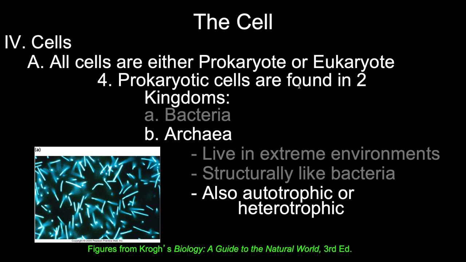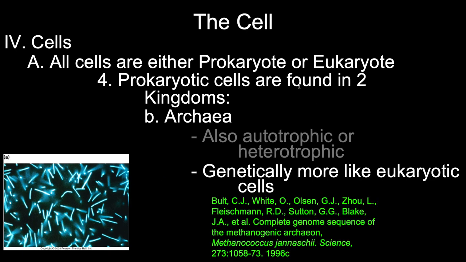They can use other resources in the environment to make their own food. And then some individuals are heterotrophic, still relying on other life for their existence. And like I said, these things are genetically more like eukaryotic cells than our bacteria are. And so that was kind of an interesting find, and that's what caused us to branch them into two different kingdoms.